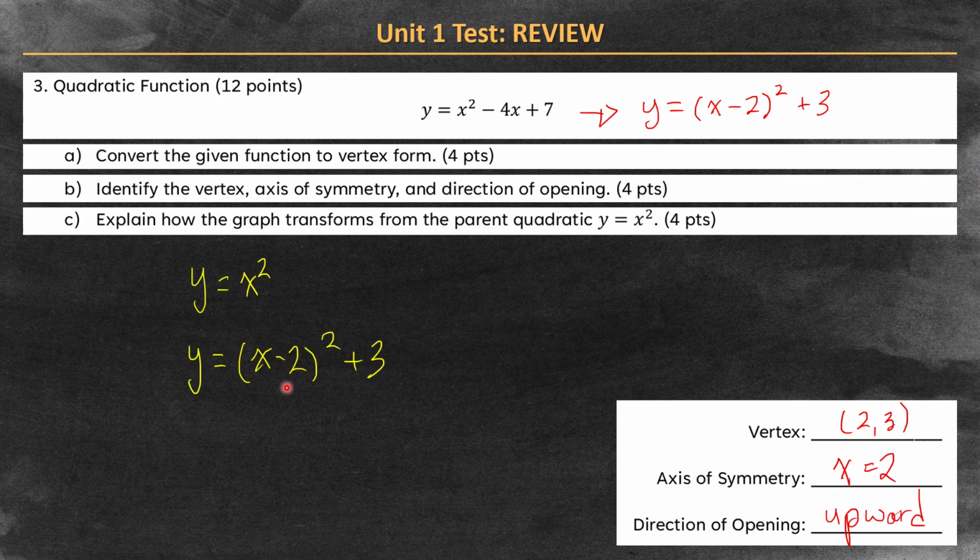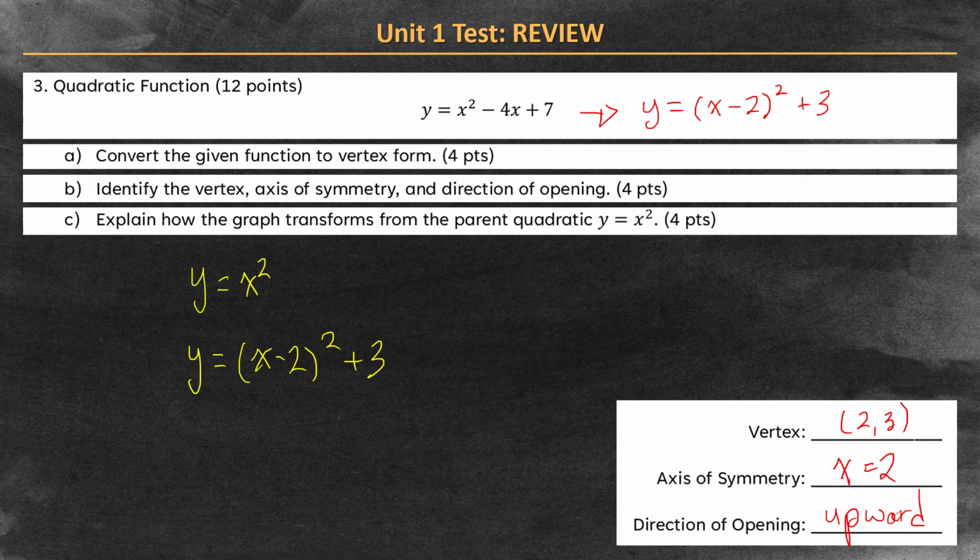Identifying what this 2 value and 3 value are, they are both shifts. So we have a horizontal shift to the right 2 units and a vertical shift 3 units up. So that's how you would explain part C. Right 2 units and up 3 units translation.